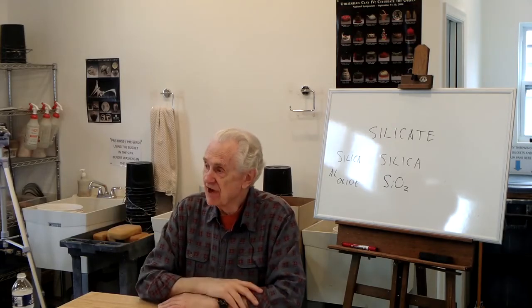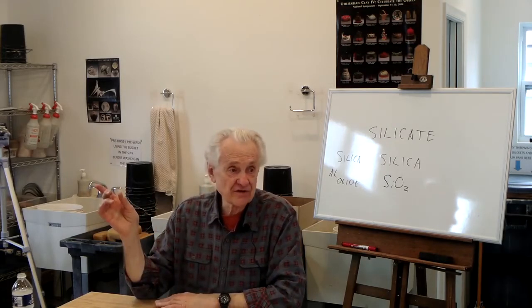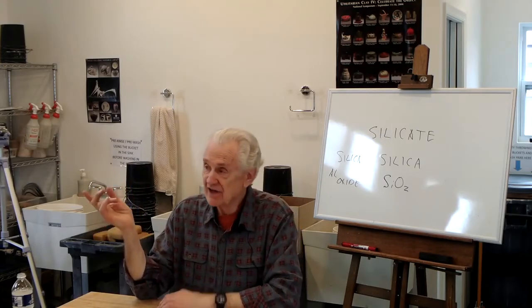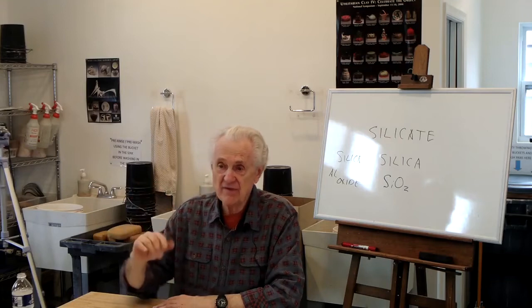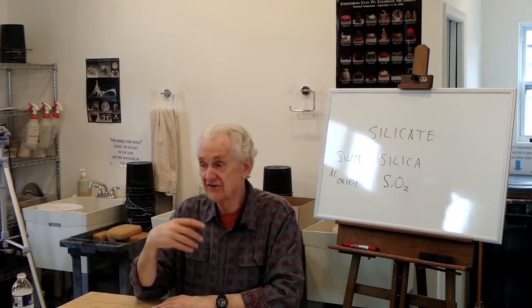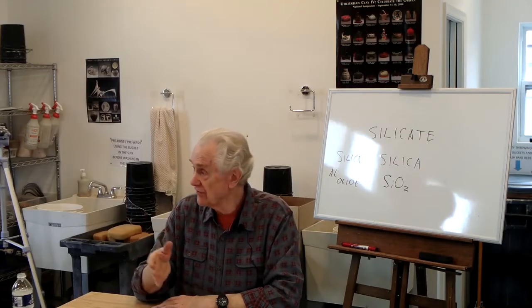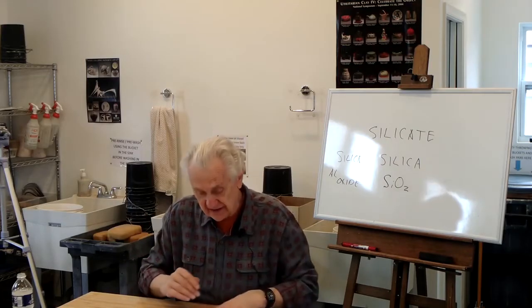It melts at a lower temperature than our glazes, so that they can fabricate windows out of it. It has a little different composition. It's not as chemically resistant as some of our glazes, and it's not as hard, but it still is fairly closely related to our glazes. It's still basically a silicate glass.